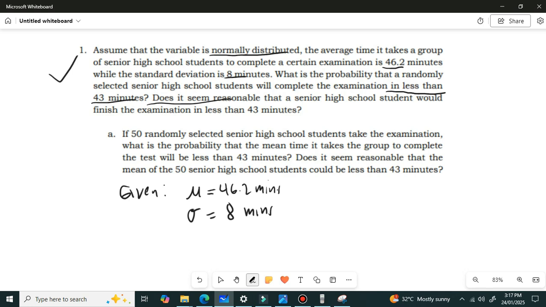Then we have the x bar here, less than 43 minutes. So we are going to find the probability that a randomly selected senior high school student will complete the examination in less than 43 minutes.